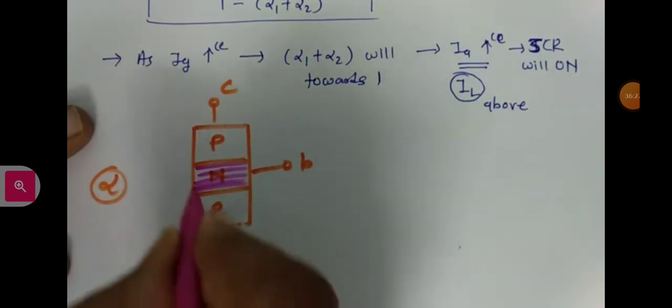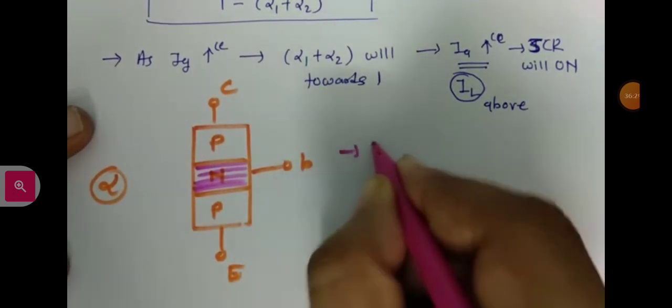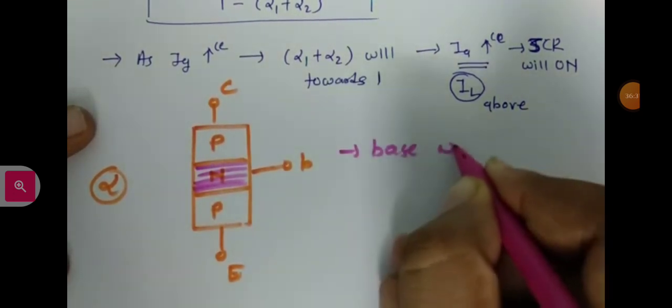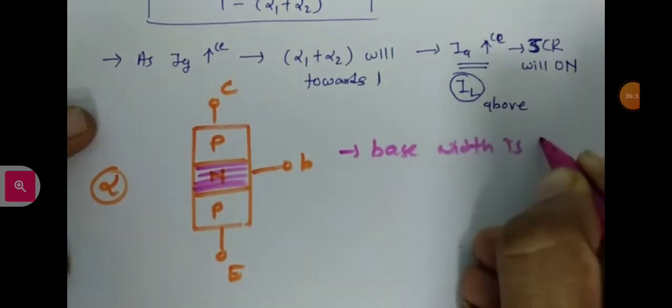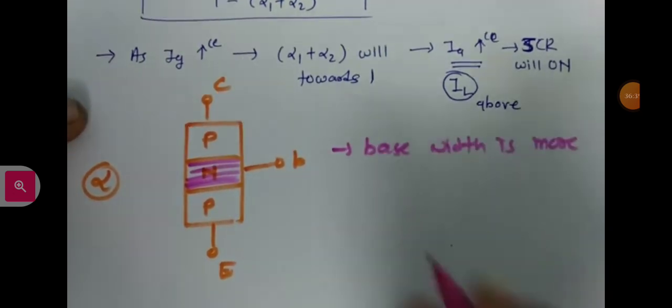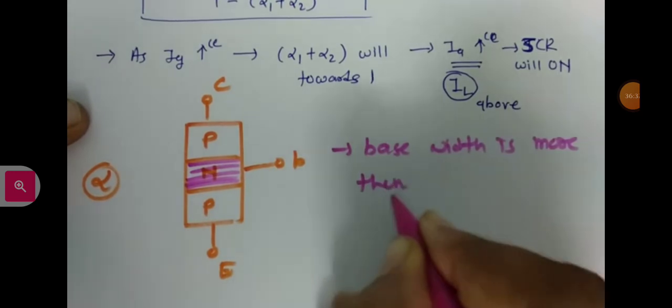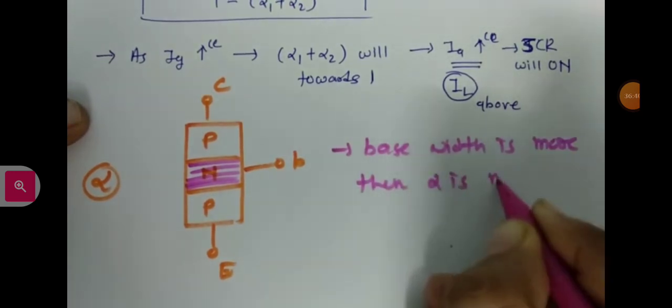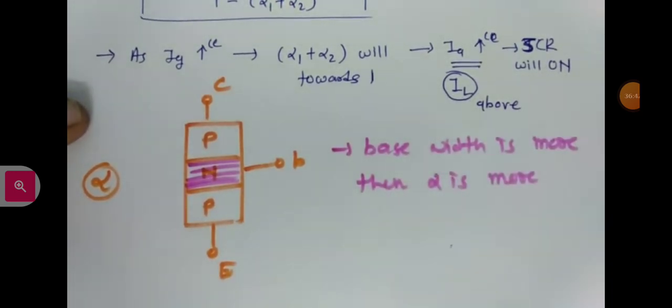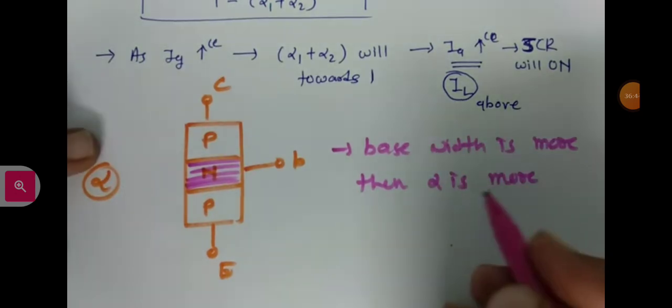So if base width is more, then alpha is more. This is the phenomenon with this.